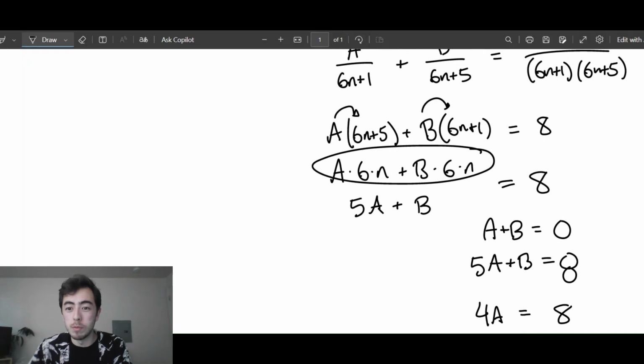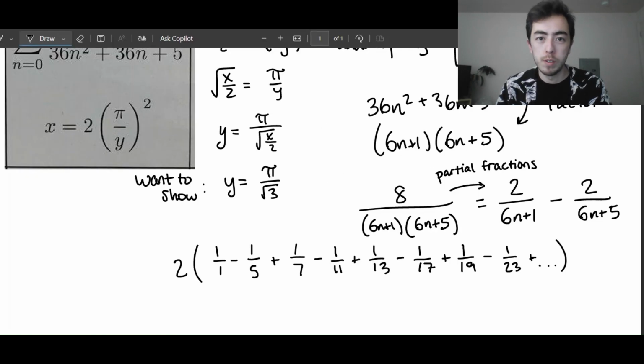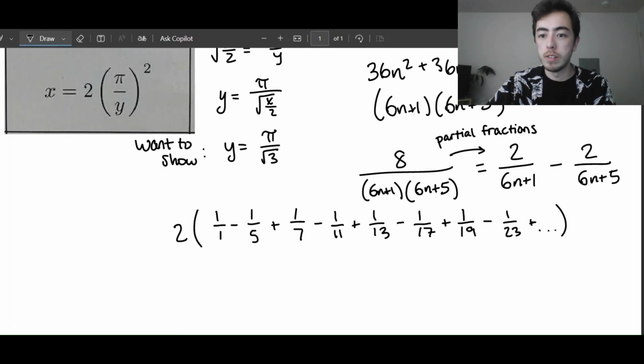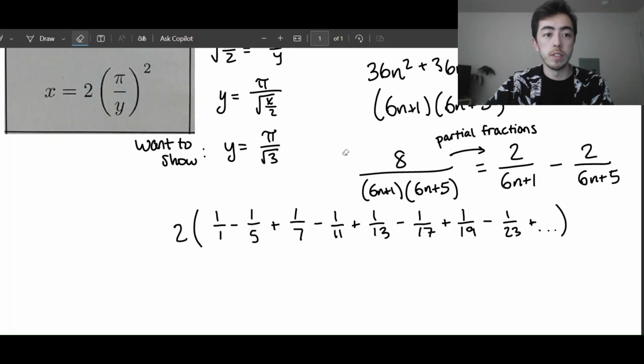So now that tells me I have a partial fraction decomposition of my original fraction. So I played around with the partial fractions that we found. Here's that 2, because a was equal to 2. Here's that negative 2 for b. And these two things are equal to each other. And the thing on the left is just the sum that we're working with.